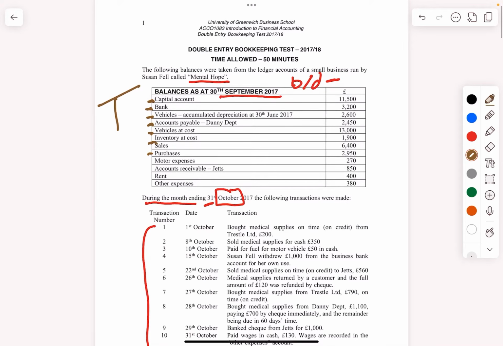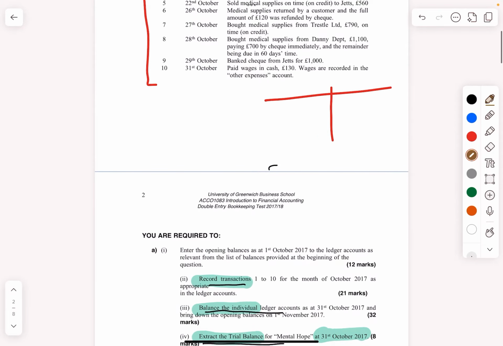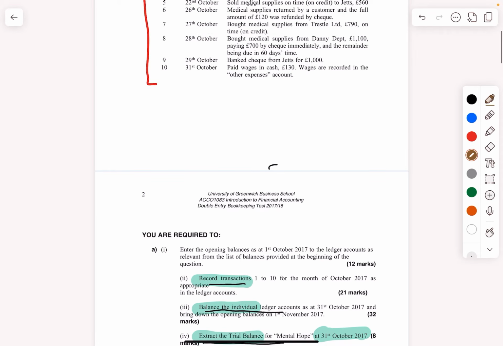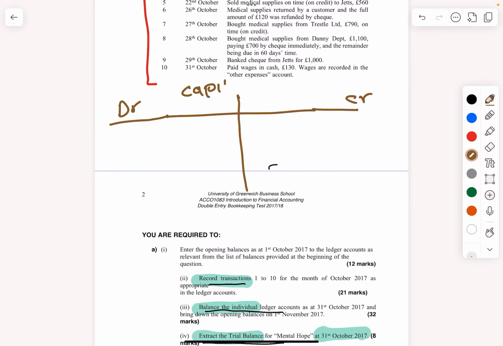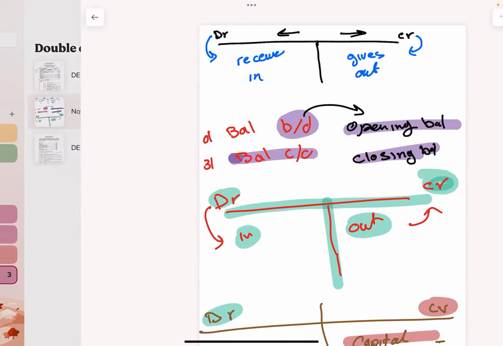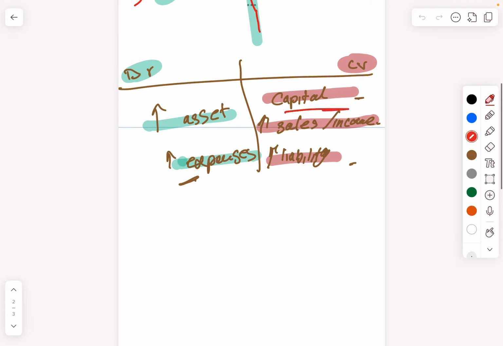Let's do the capital, for example. We're going to open a T account like this, debit side on the left, credit side on the right, and this is called the capital account. So we're going to add a label, capital. As I said previously, capital is always credited.